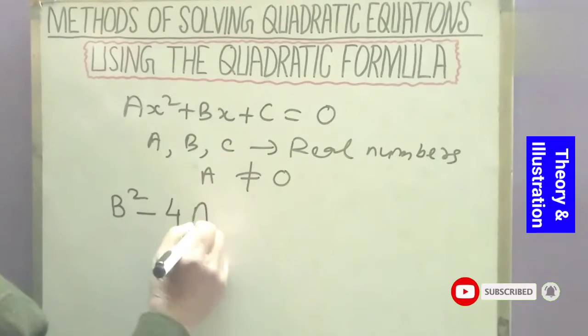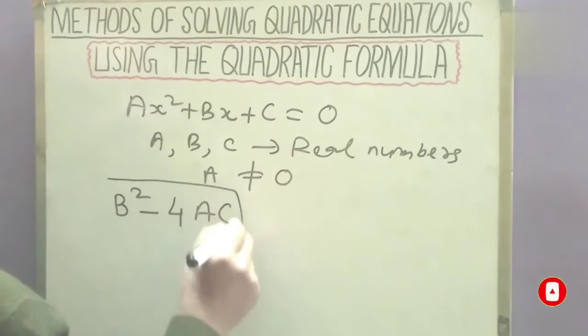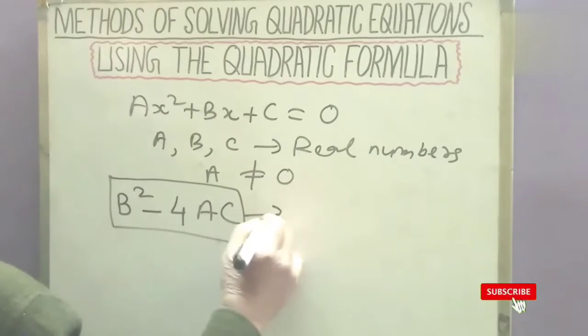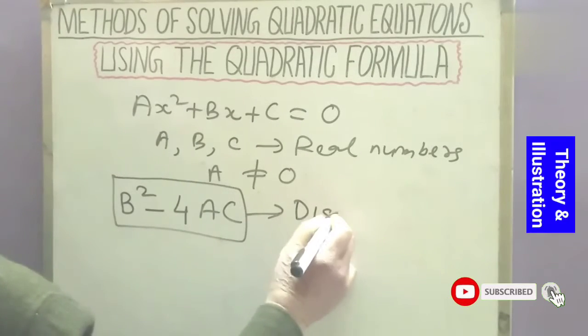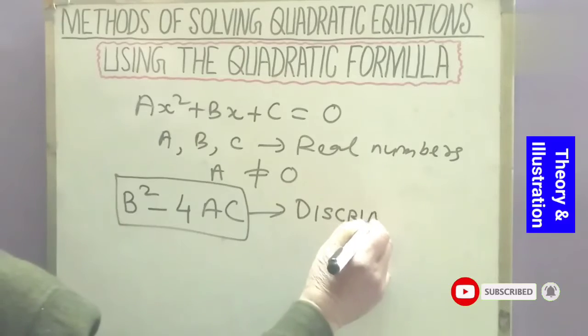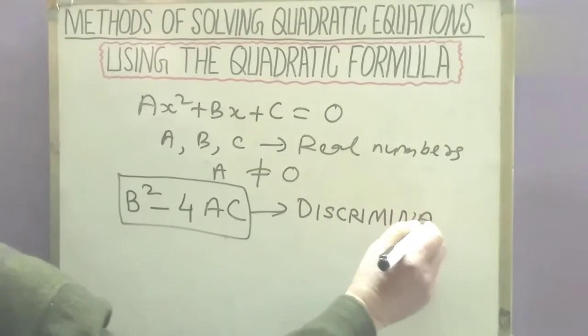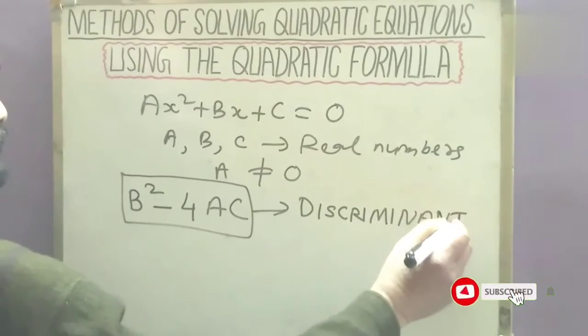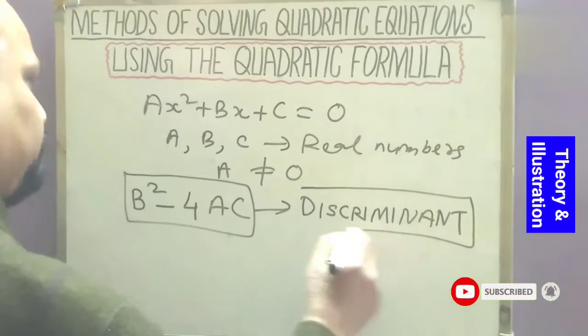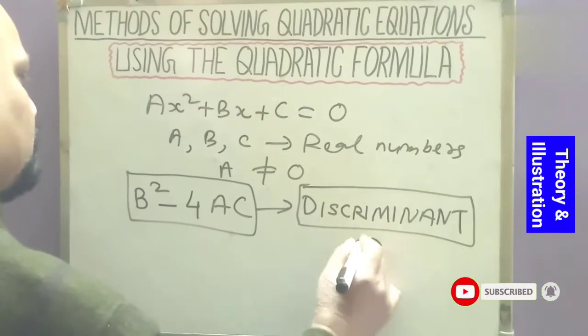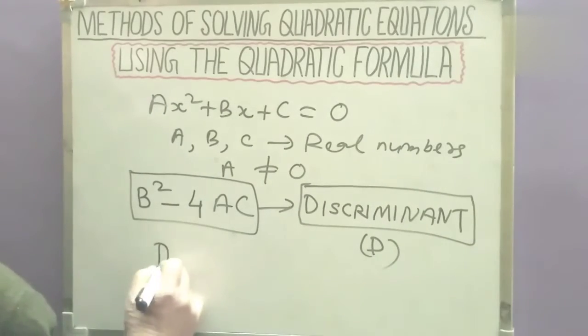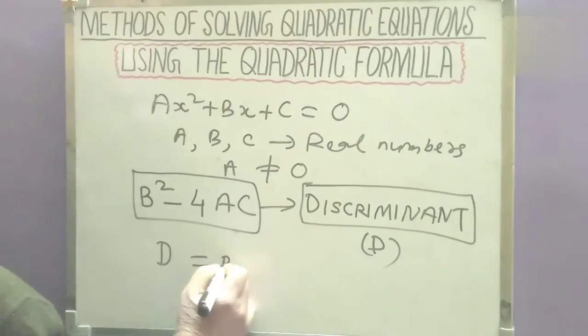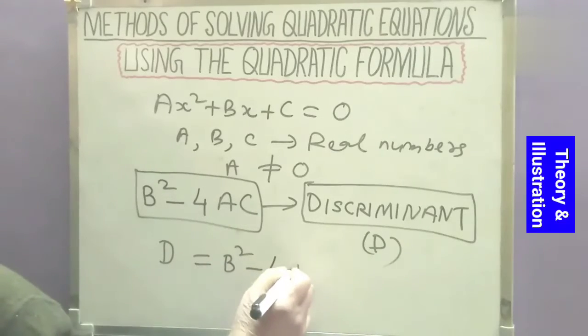The quantity b² − 4ac is designated as the discriminant D. That is, D = b² − 4ac.